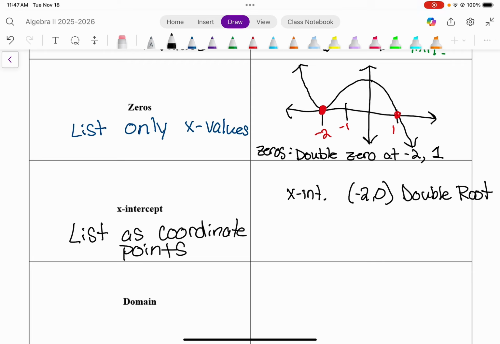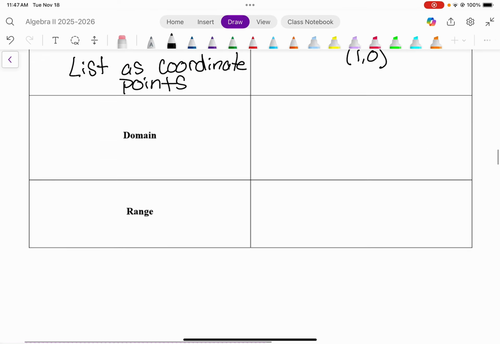And instead of writing out double root, you could put dr, that would be okay. And then our other one would be at 1, 0. So if it asks for the zeros, you don't have to put them as coordinate points. You can just put the x values. If it asks for the x-intercepts, those are talking about the points themselves, so we have to list those out as coordinate points.